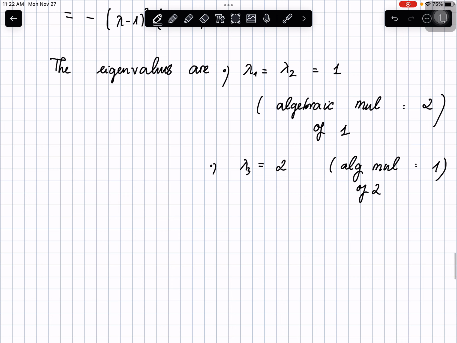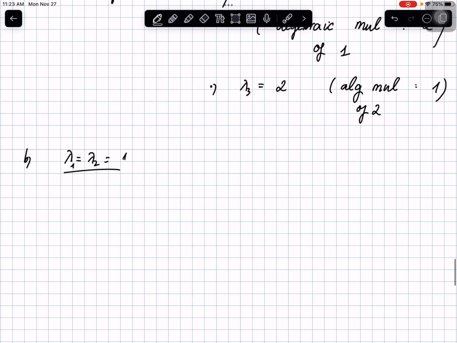Now we find the corresponding eigenspace, right? Lambda equal to 1. In fact, lambda 1 equal to lambda 2, say equal to 1. The eigenspace corresponding to 1 is just the null space of A minus 1I.